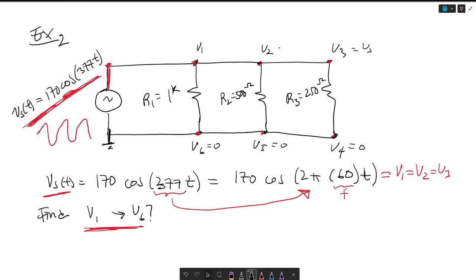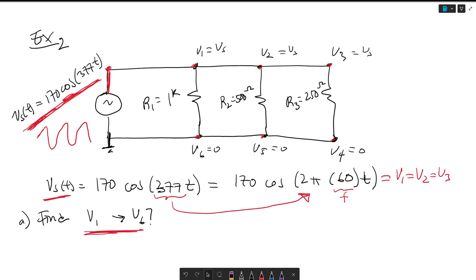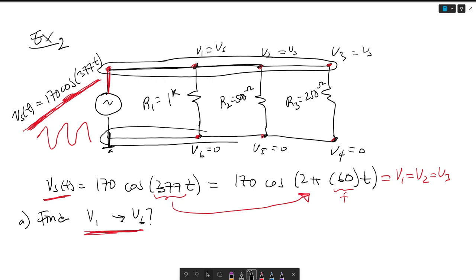And this is equal to Vs. So again, the first part, A, was a bit easier, but it's important to notice that this node here is the same node. As a result, this is just my drop, and this node here is the same node, so this is just my ground.